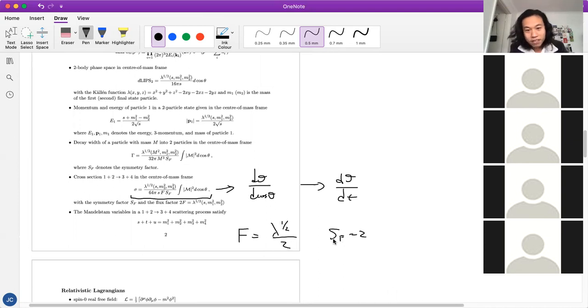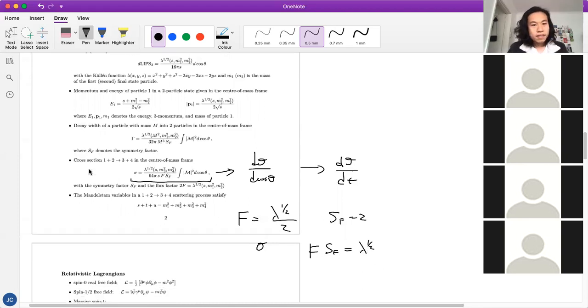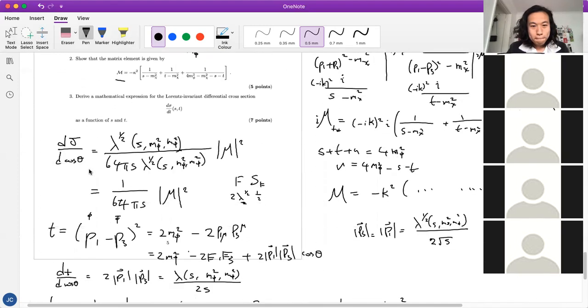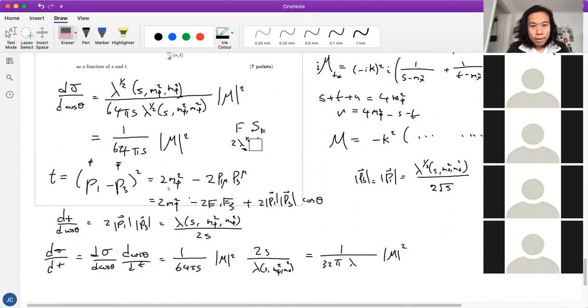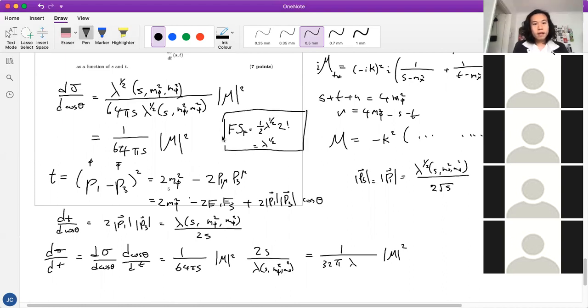So this half cancels out with this 2. So in the denominator, you just have f times sf, which is equal to lambda to the half. Sorry, I skipped a step, so I'll just write it out here for completion. So f times sf is equal to half lambda to the half times 2 factorial. So this equals lambda to the half. There we go.